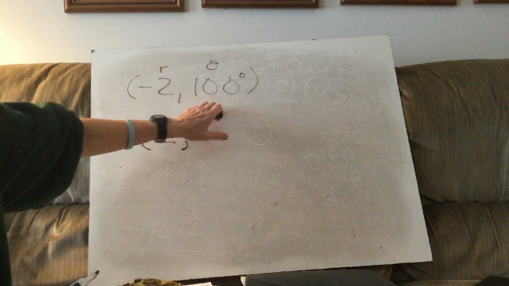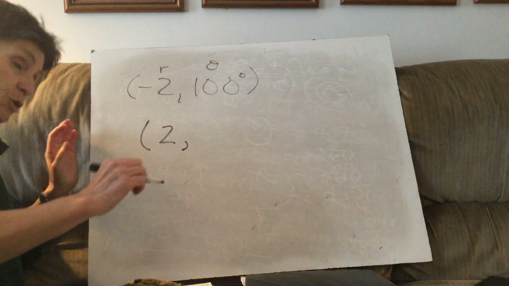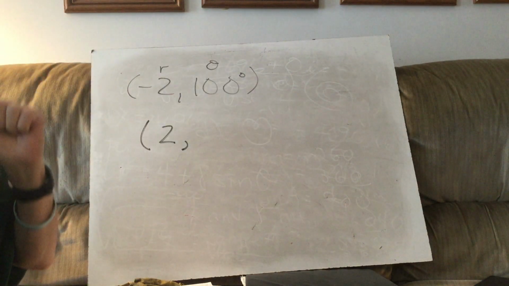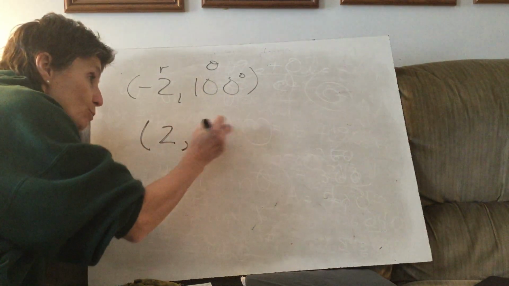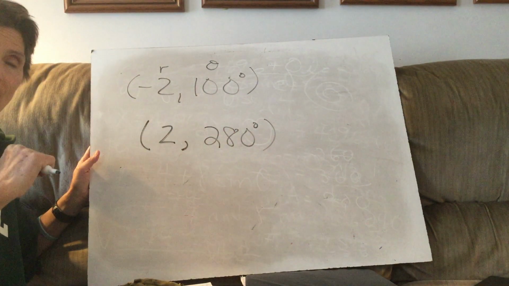And then you remember what that does to the angle? When you make R positive, your angle changes by 180 degrees. So in other words, you go the opposite direction. Instead of going forward, you go backward. So instead of going 100, we're going to go 280, because that is exactly the opposite direction.